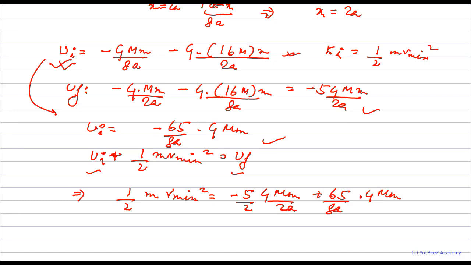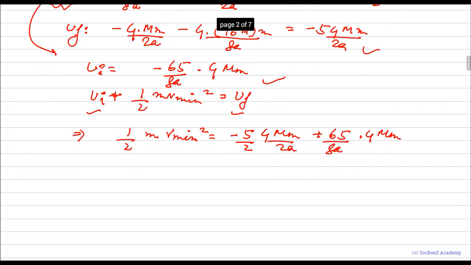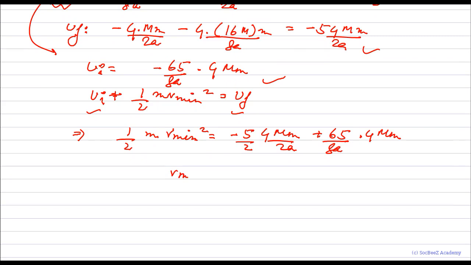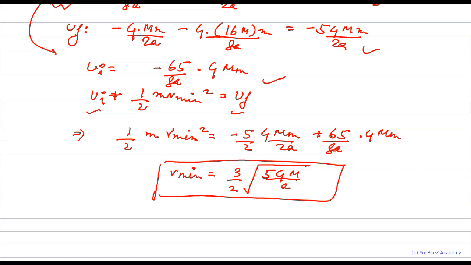This gives me the minimum value of v as 3 by 2 root over 5GM upon a. This is the velocity with which the body of mass small m needs to be projected from the larger star such that it just reaches the smaller star.